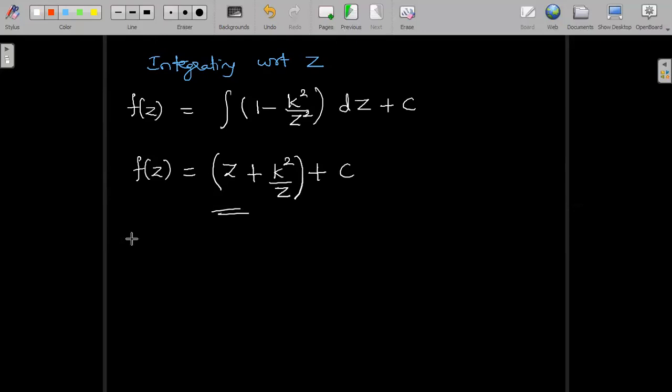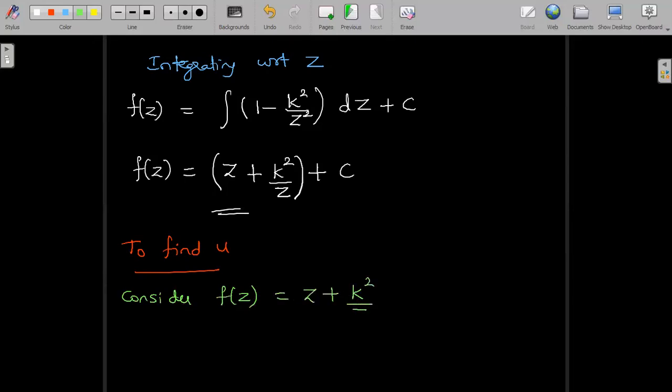Now the second part of the problem is to find u, the real part. To find u, let us consider the expression for f of z, whatever we obtained just now. We obtained z plus k square divided by z. We ignore the constant, or take the constant of integration c equal to 0.